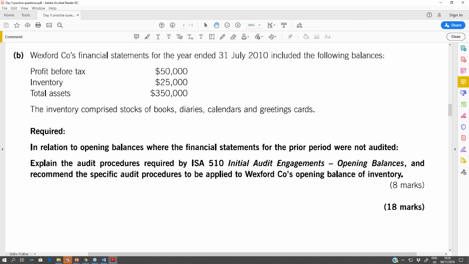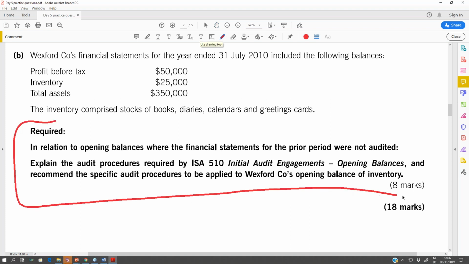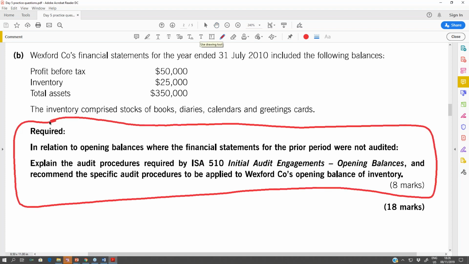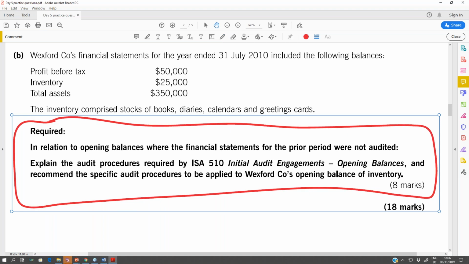Now see what the question is asking. In relation to opening balances, where the financial statements for the prior period were not audited. See which situation the examiner is asking for? The examiner is asking in relation to opening balances where the financial statements for the prior period were not audited.